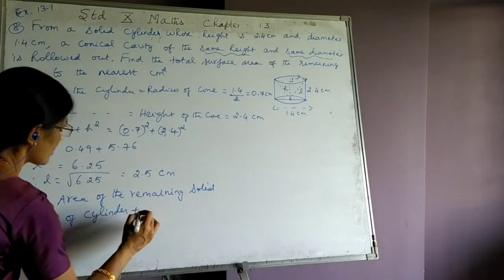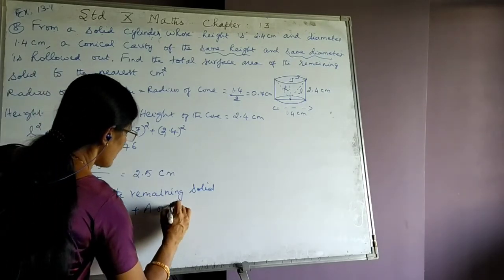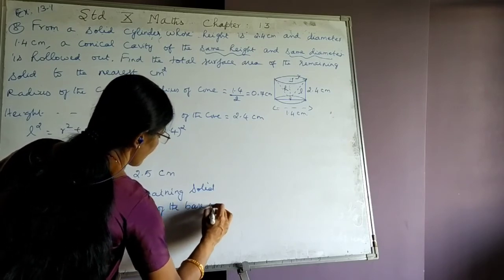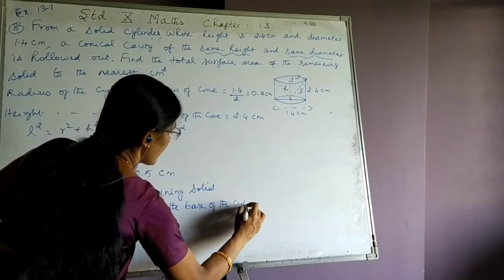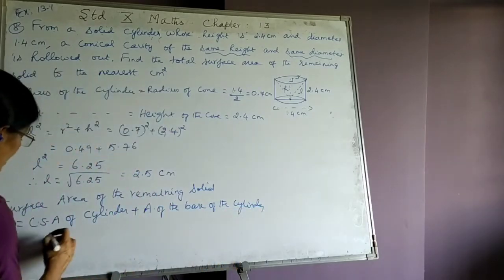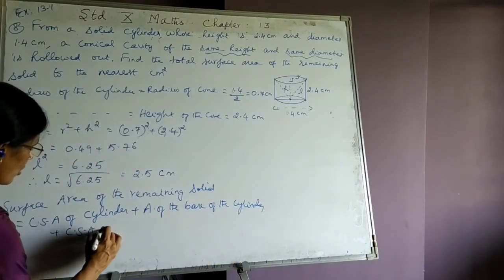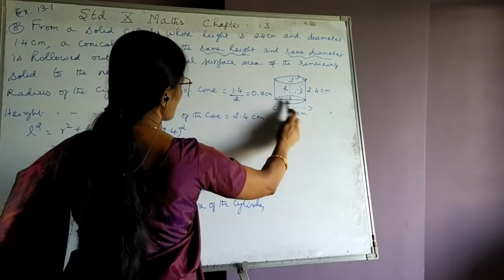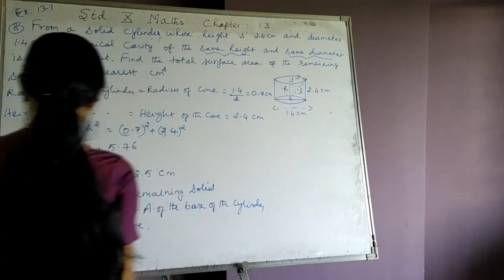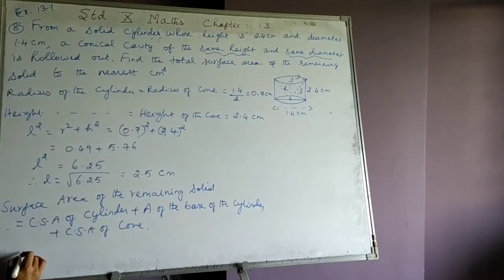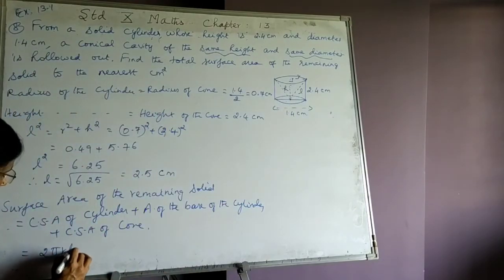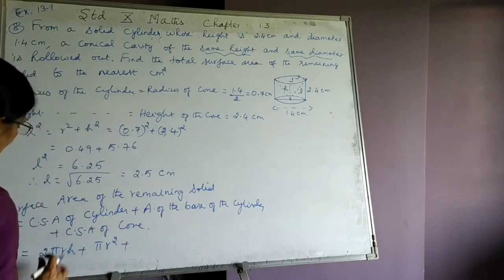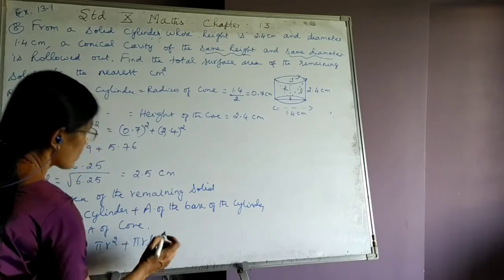It is a solid cylinder, therefore we include the base, so area of its base, plus CSA of the cone also, right? Because it's a solid cylinder, we consider the base of the solid cylinder. CSA of the cylinder is 2 pi RH. Base of the cylinder is a circle, which is pi r square, and CSA of the cone, we know it is pi r L.